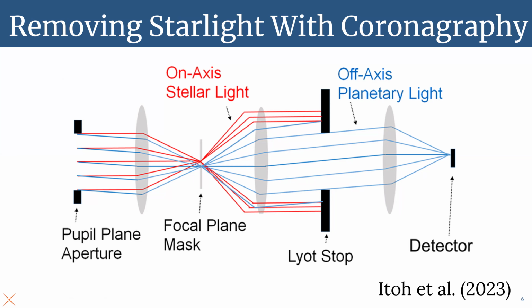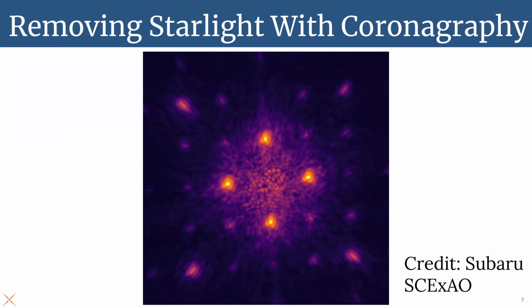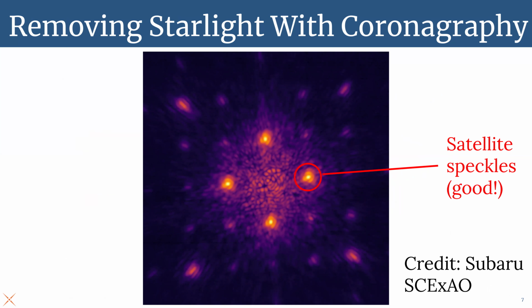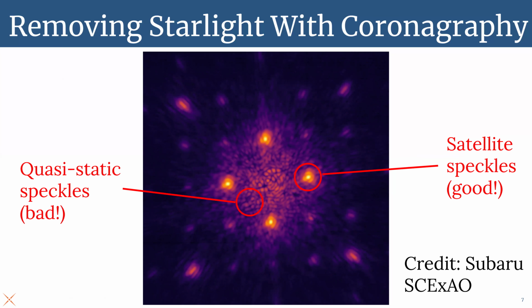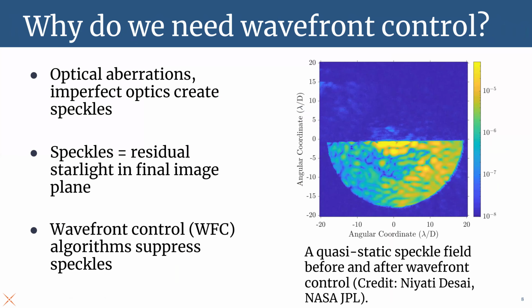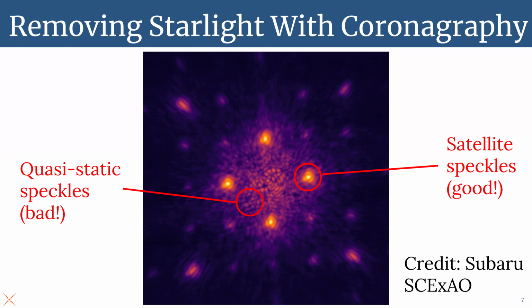However, this is a nice ideal case. In reality, a lot of starlight ends up leaking through, and we get what are called quasi-static speckles. So in this image from the extreme AO system on Subaru, SCExAO, this is an image after we've inserted a coronagraph, and you see all these quasi-static speckles.